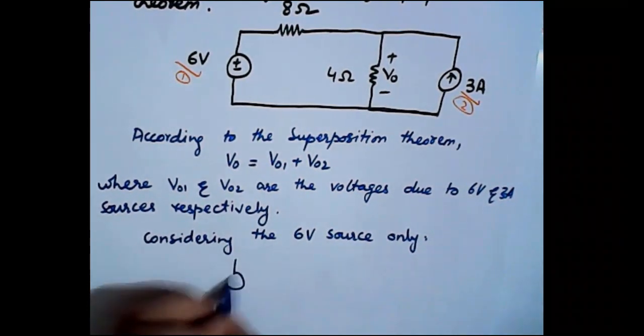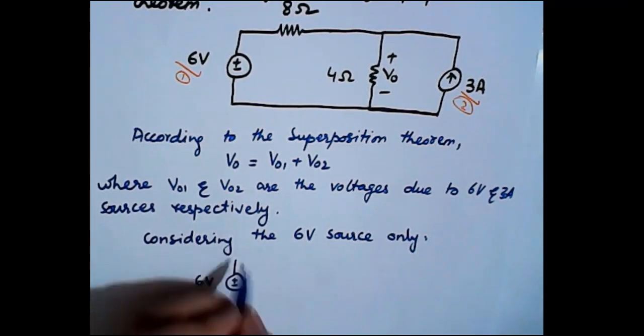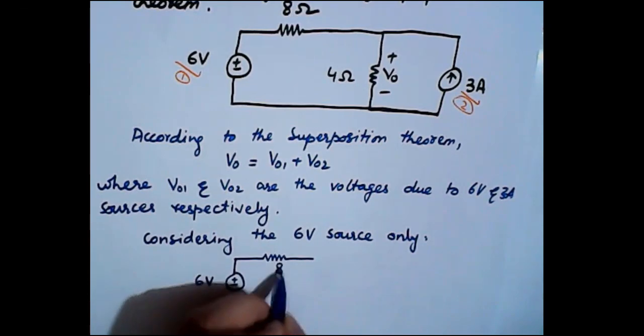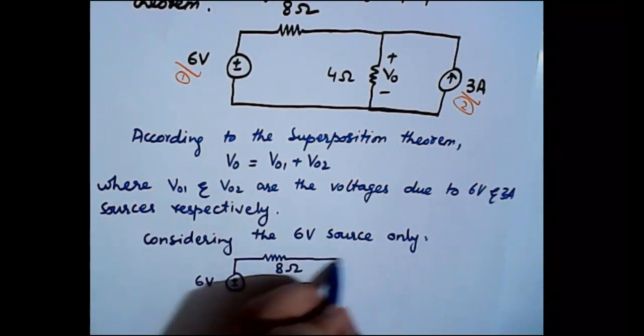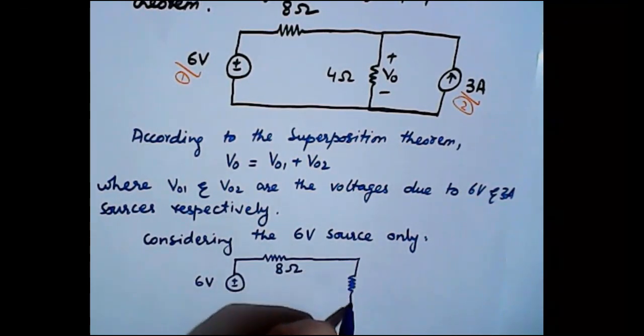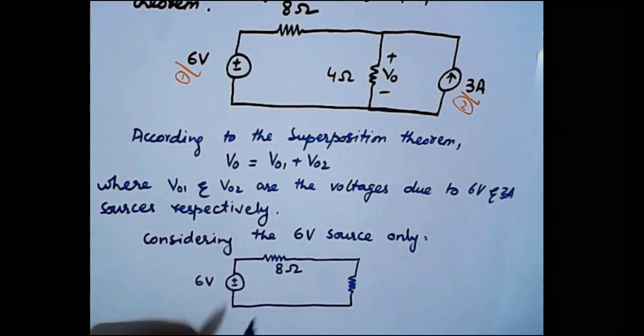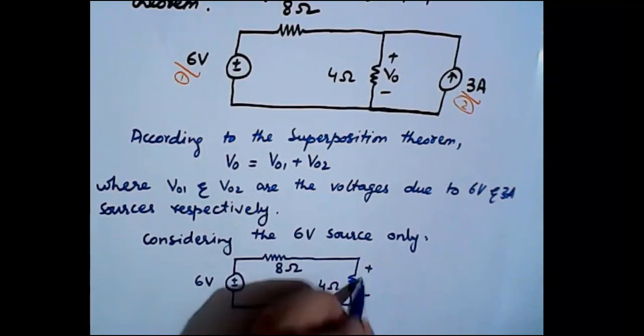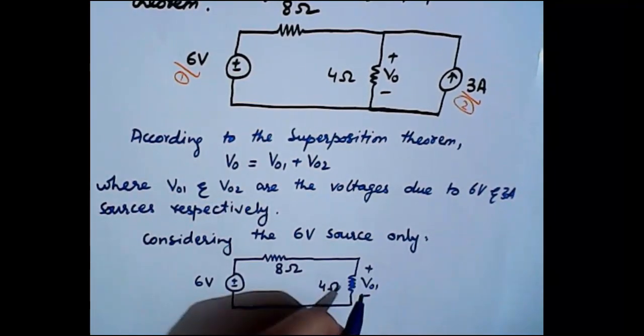This is a 6 volt source, right? 8 ohms resistance, and then we have this 4 ohm resistance, and the voltage across this branch is now V01.